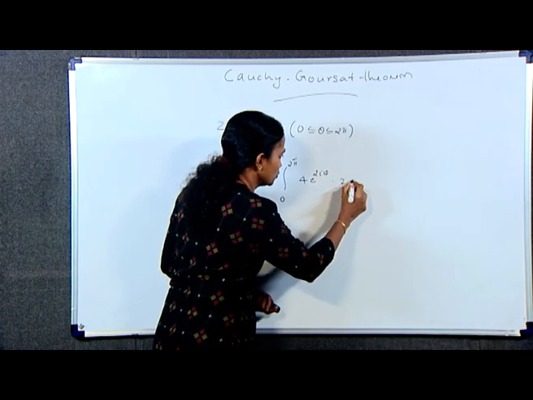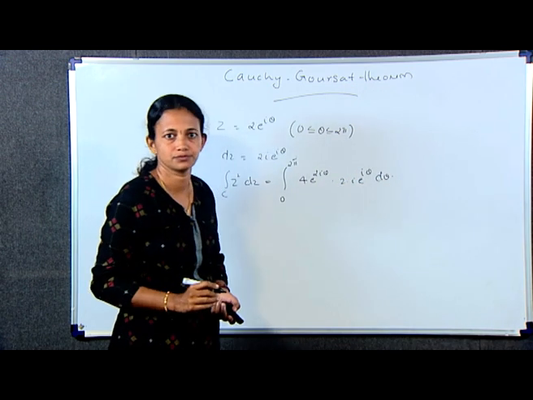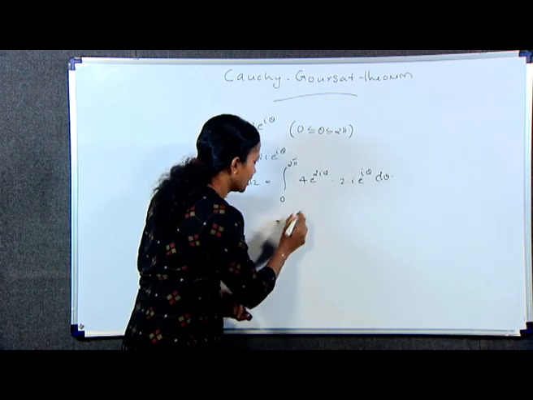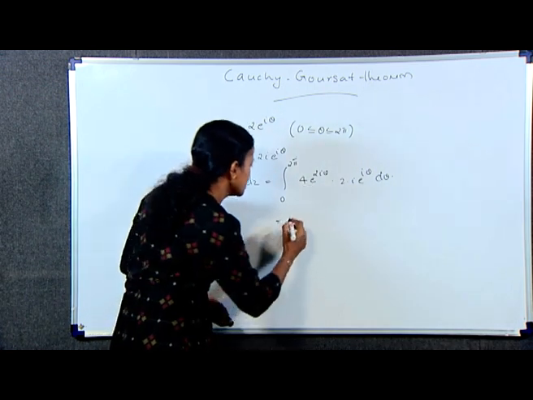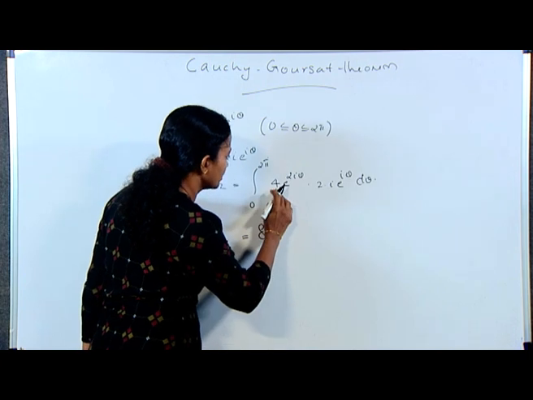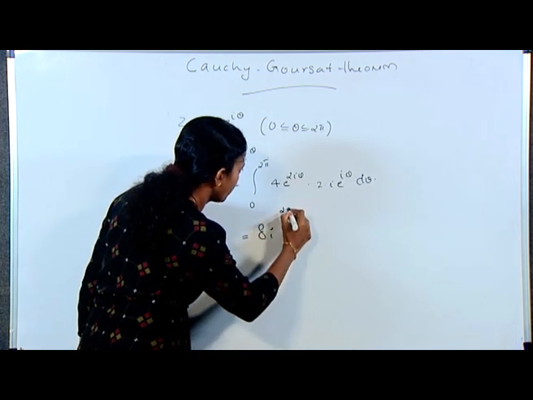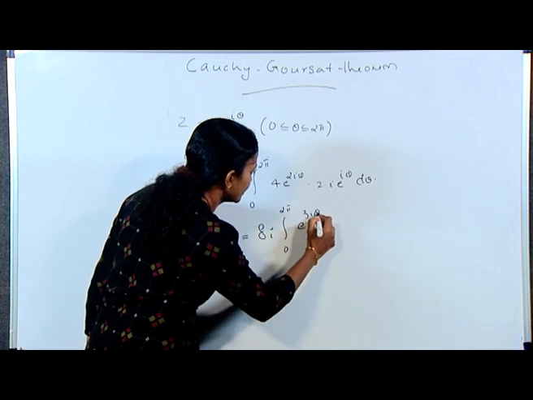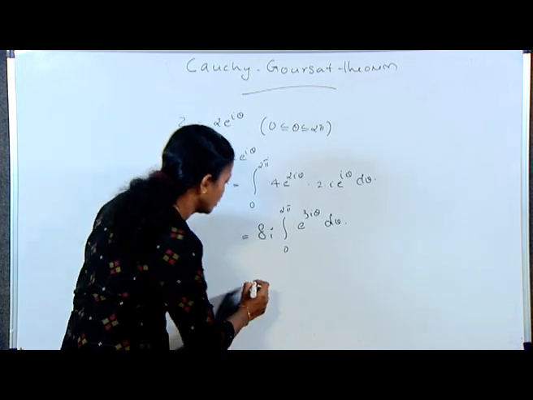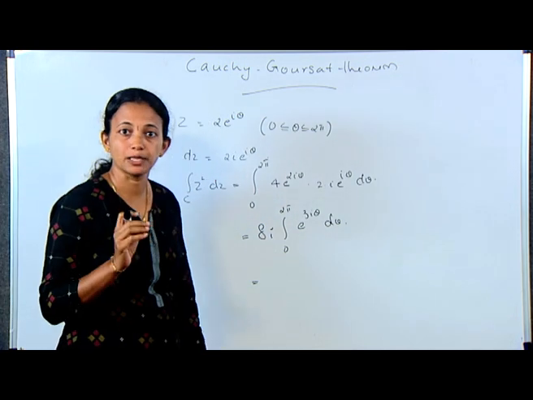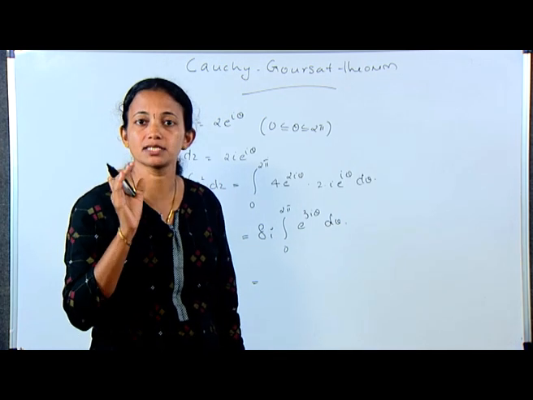So, it is 2 into i into e raised to i theta d theta, which is equal to, we can take 8 and i outside since they are constants. So, it is 8 i integral 0 to 2 pi e raised to 3 i theta d theta, which is equal to, on integrating, 8 i into e raised to 3 i theta by 3 i over the limit 0 to 2 pi.